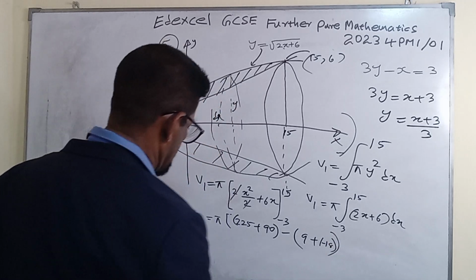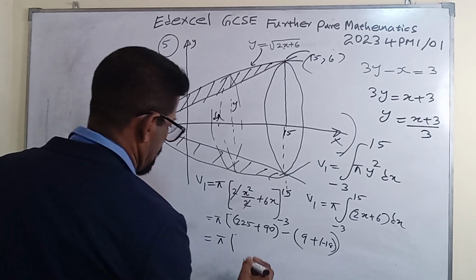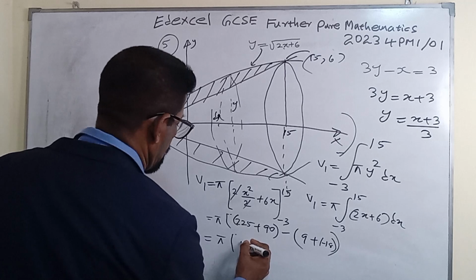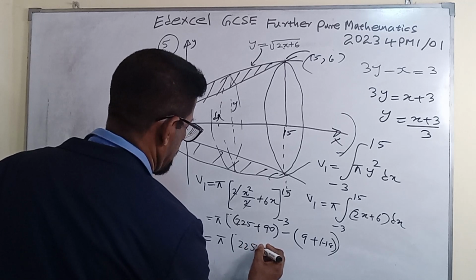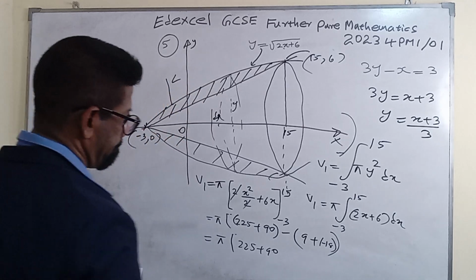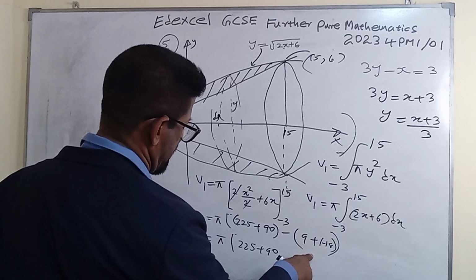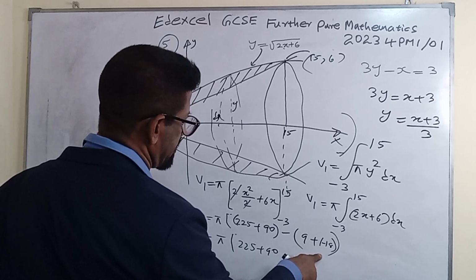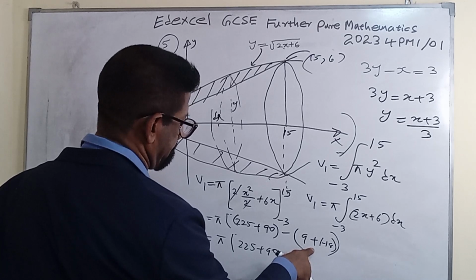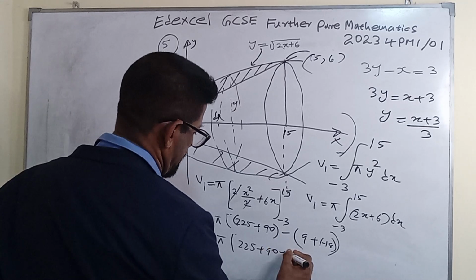So the answer is pi times 225 plus 90, minus 9 plus 18, that is 225 plus 90 plus 9.